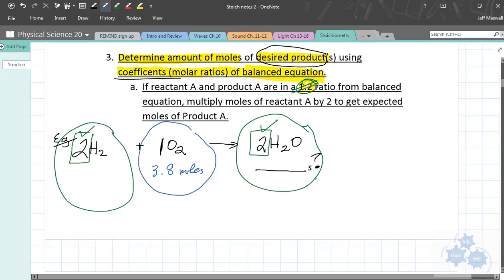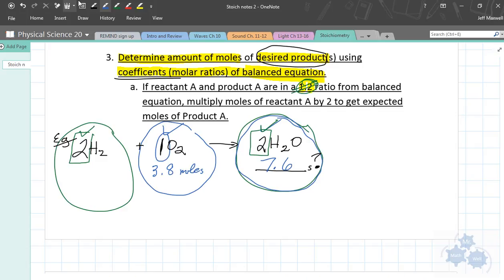How many moles of water would I expect to be produced? Remember, this is molar ratio. So what do we have now? We have 1 to 2. So I should expect twice as many moles here. Okay? So what is it? 7.6 moles. Very good. Do you guys understand that?